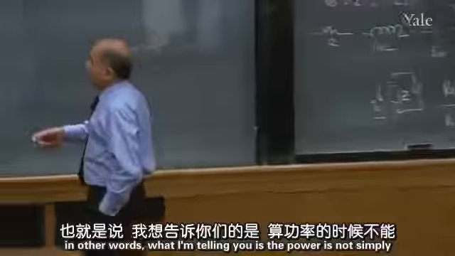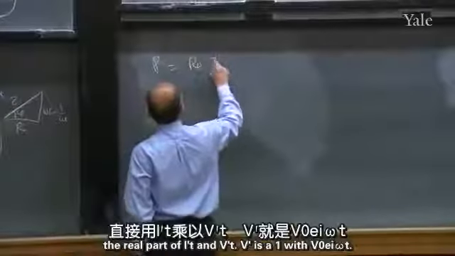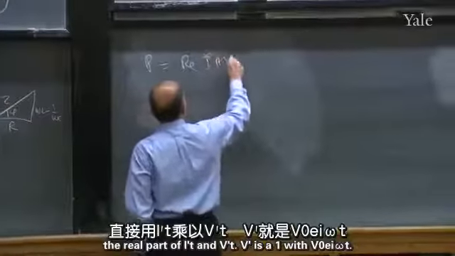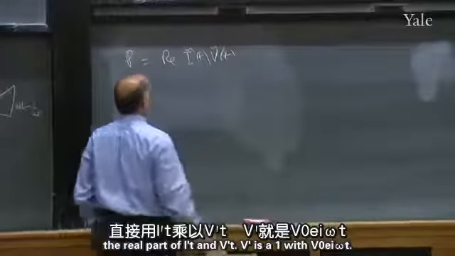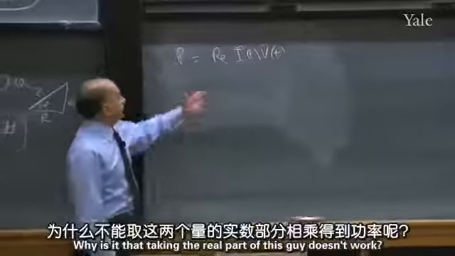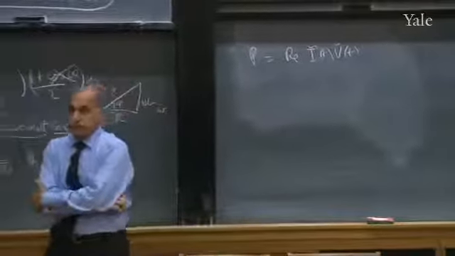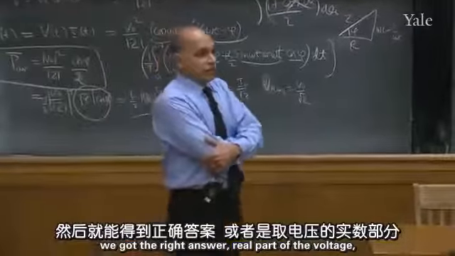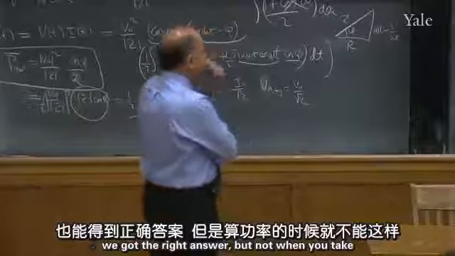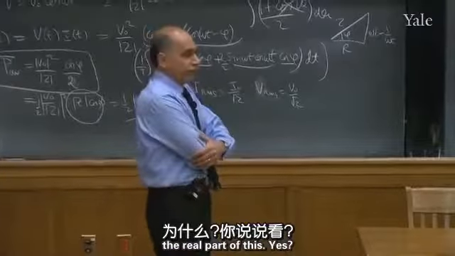What I'm telling you is the power is not simply the real part of I twiddle times the real part of V twiddle, where V twiddle is V naught e to the i omega t. Why is it that taking the real part of this doesn't work? Everywhere else, we took the real part of the current, we got the right answer. Real part of the voltage, we got the right answer. But not when you take the real part of this.